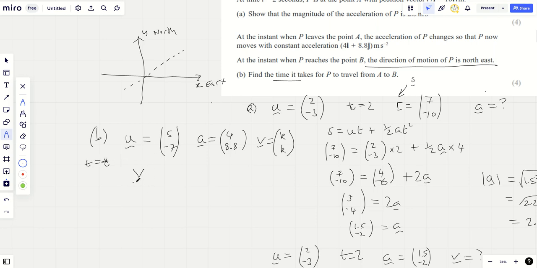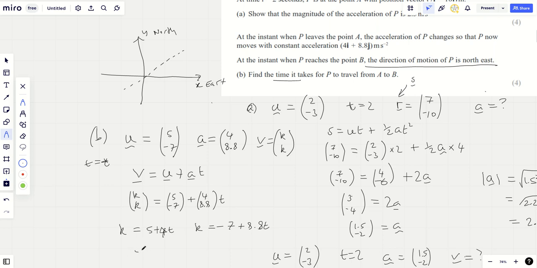Okay, so v equals u plus at. So k, k equals 5, minus 7 plus 4, 8.8 times time. And so I've got k equals 5 plus 4t, but I've also got k equals minus 7 plus 8.8t.